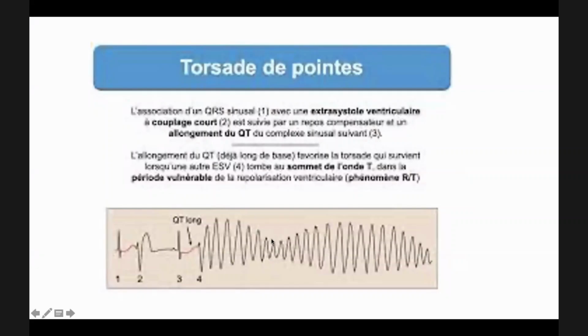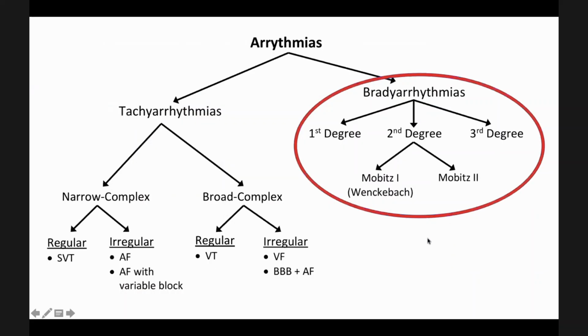You see something like this, with the changing pattern, the twisting of the electrical activity. These are patients with a prolonged QT, who can go into torsades de pointes. It's a medical emergency again.